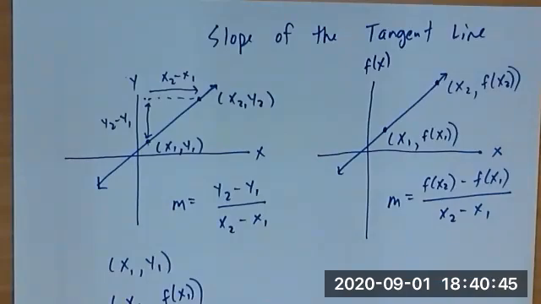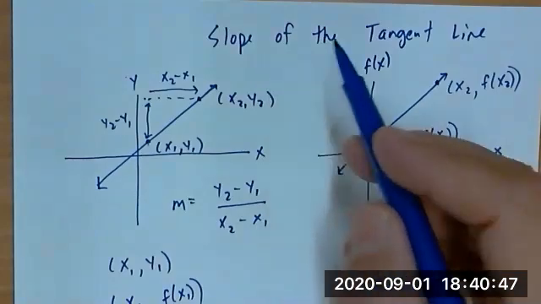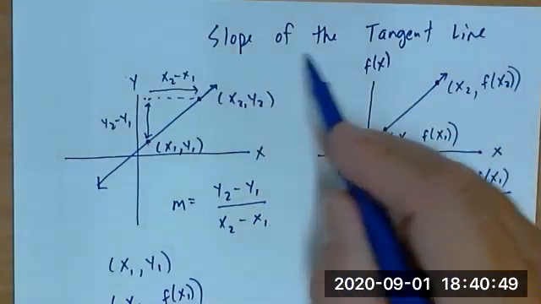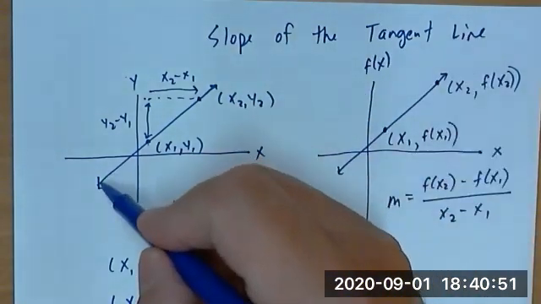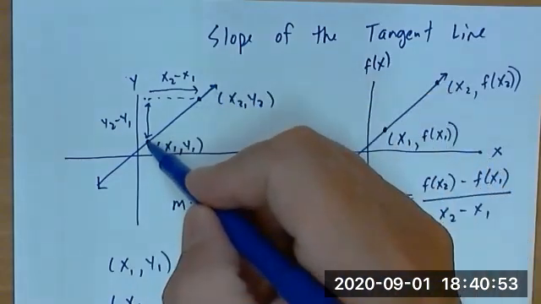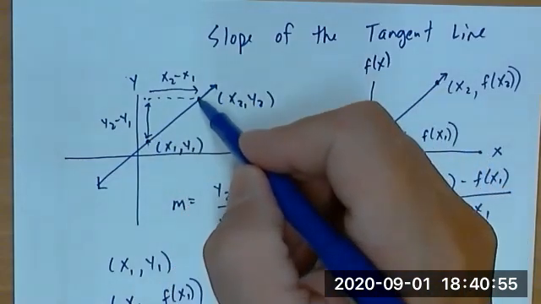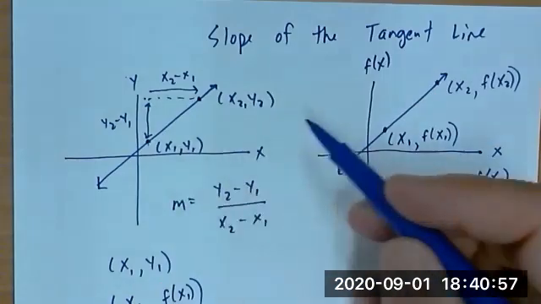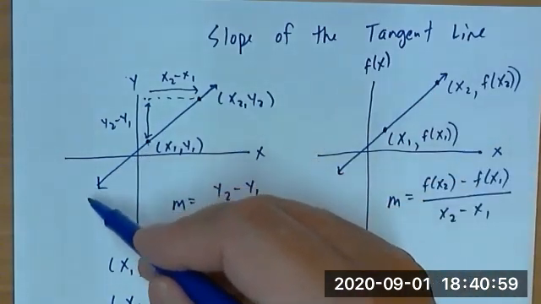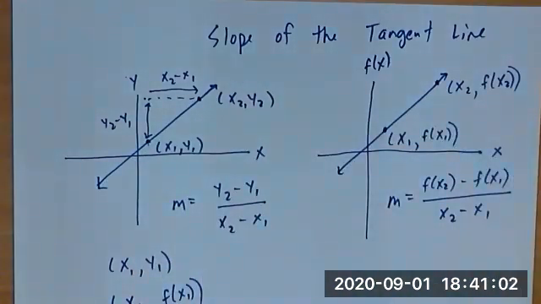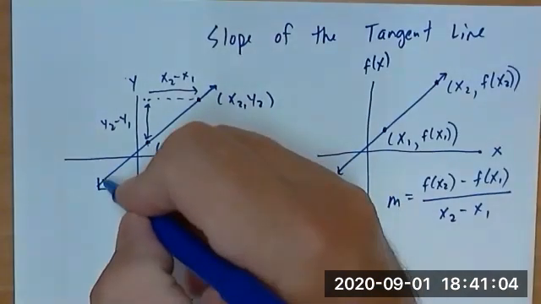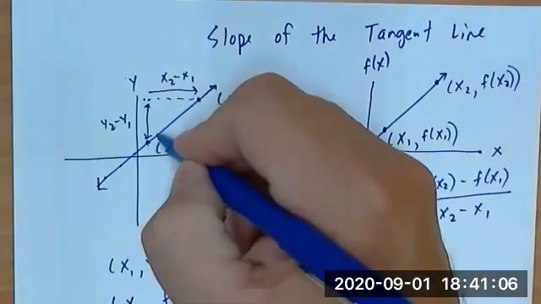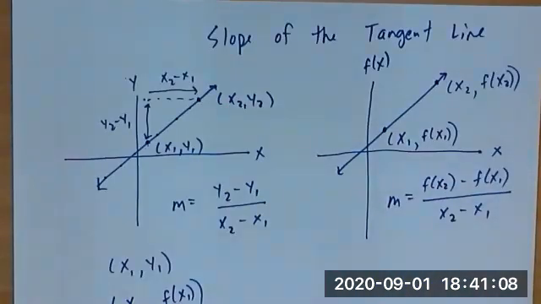So with that in place, let me go back to what I started talking about. We're going to try and find the slope of a tangent line. If you have a straight line, you find the slope, you choose 2 points on the line, you find the slope. The slope is the same for this whole line. We've talked about that before. No matter what point I'm at on my line, the slope is not going to change.